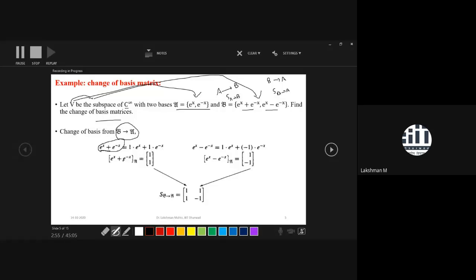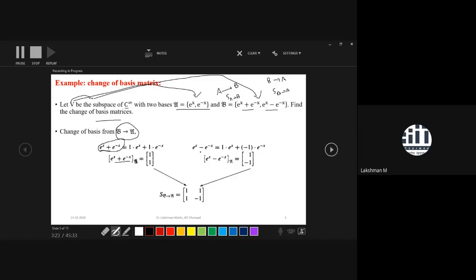So we can say that the coordinate of this basis element with respect to basis B, what is the coordinate of the basis element of A with respect to basis B? That one is 1 1.